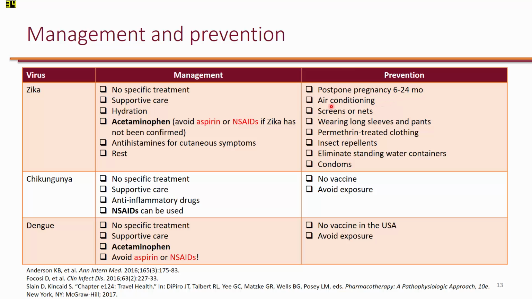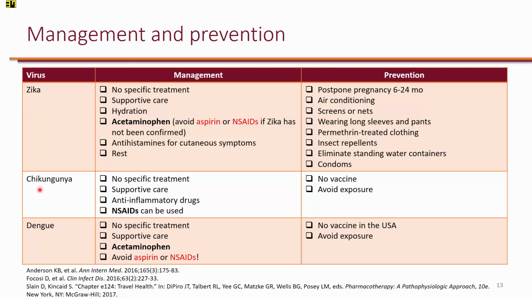Other things that can help with prevention are using air conditioning, screens or nets, wearing long sleeves and pants, permethrin treated clothing, insect repellents, eliminating standing water containers, and using condoms, since it is also sexually transmitted.